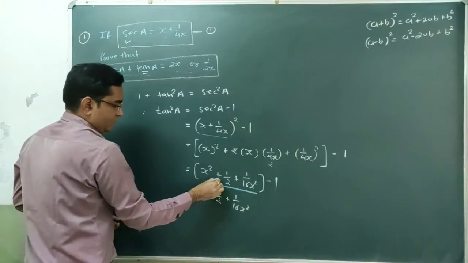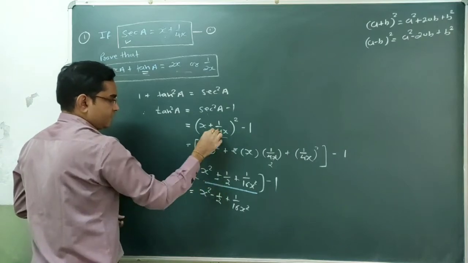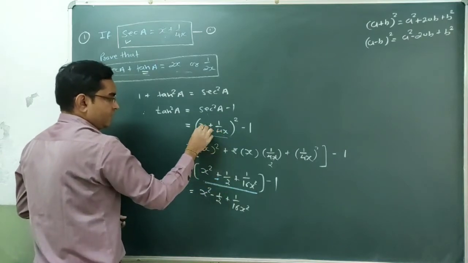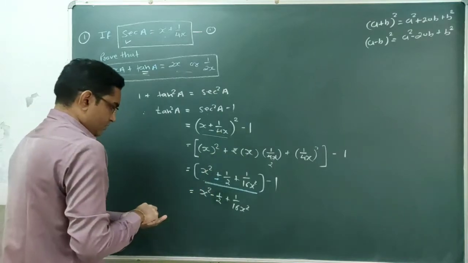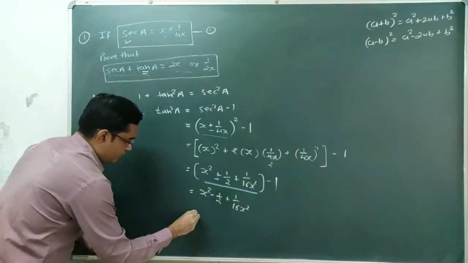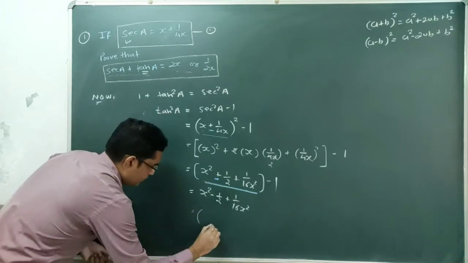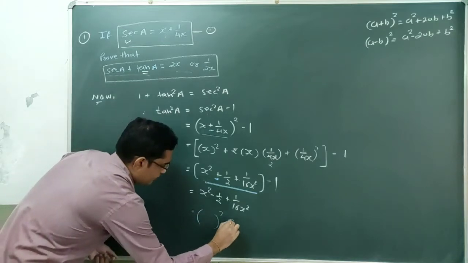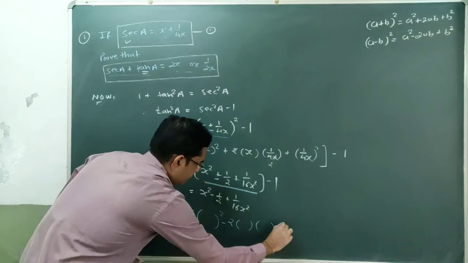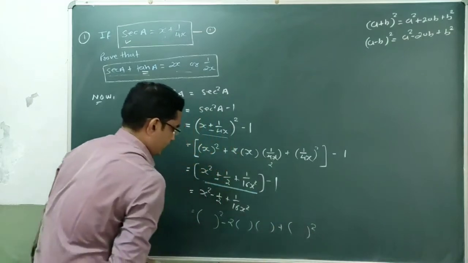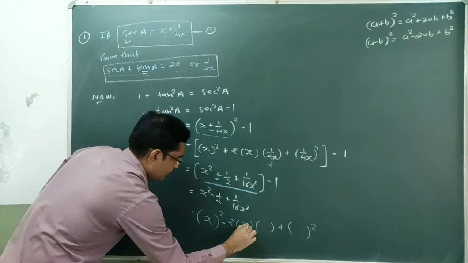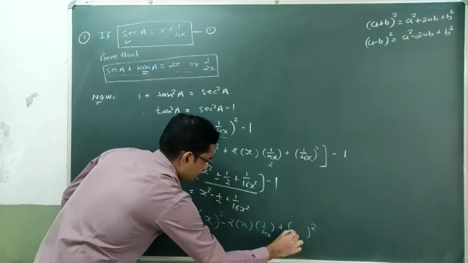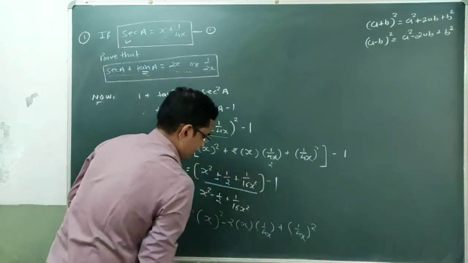If we change the sign over here, if it is minus, then its factorization will be x minus 1 by 4x whole square. This is in the form of first term square minus 2 into first into second term plus second term whole square. So this one is x, this one is x, 1 upon 4x and 1 upon 4x.